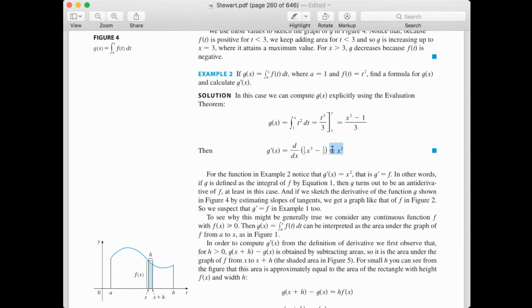Let's compare this x squared with our integrand, t squared. If we call this integral g of x, we see its derivative is exactly the integrand.